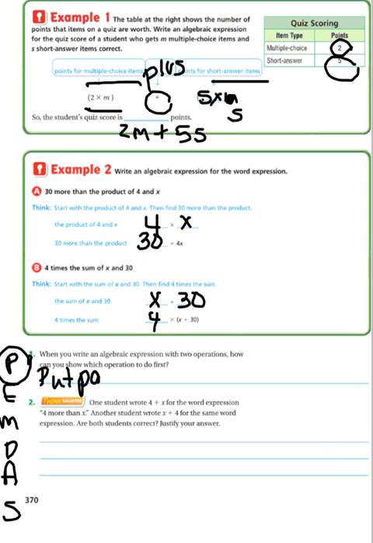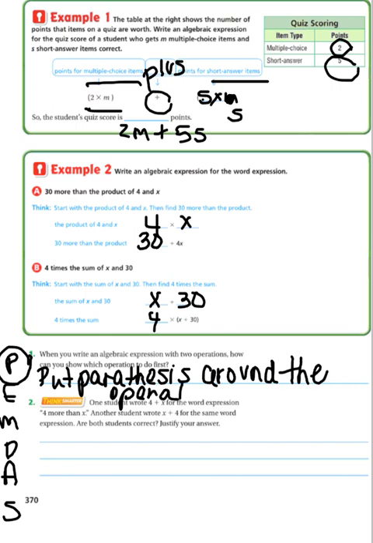So put parentheses around the operation to do first.